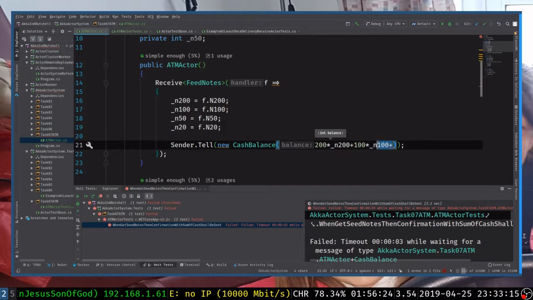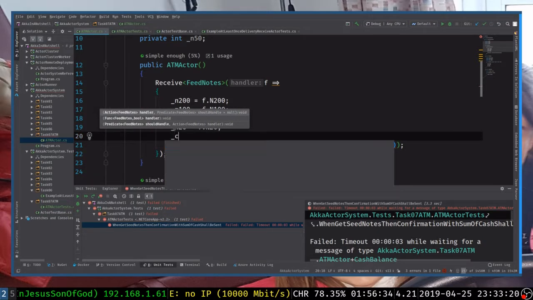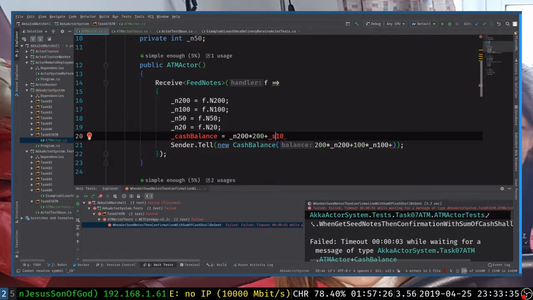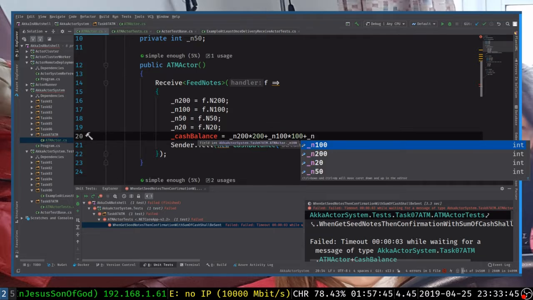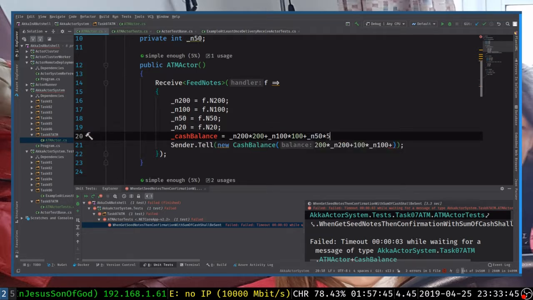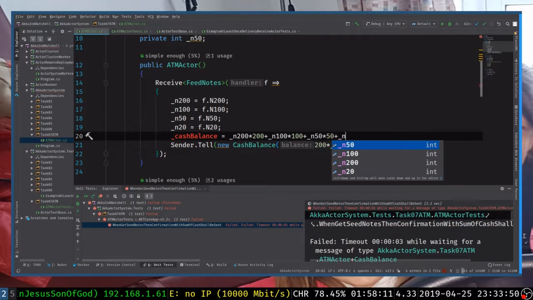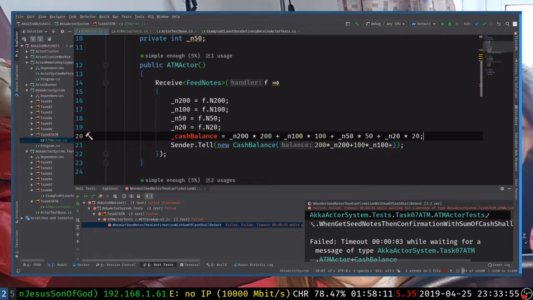Maybe we'll do this a different way. Let's do a cash balance equals notes 200 times 200 plus notes 100 multiplied by 100 plus notes 50 multiplied by 50 plus notes 20 multiplied by 20.